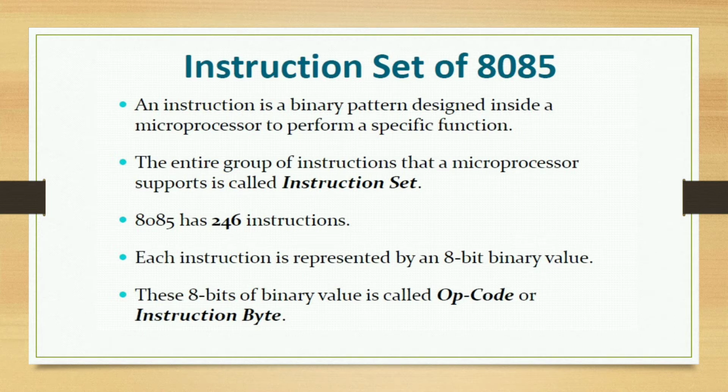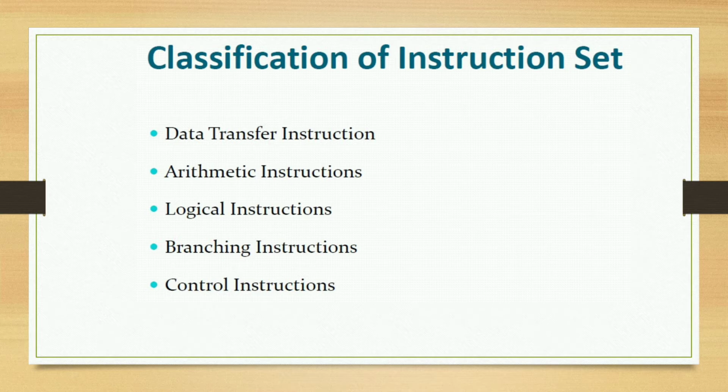The 8085 microprocessor has 246 instructions. These 8 bits of binary value are called opcode or instruction byte. Types of instruction set: there are 5 types, that is data transfer instruction, arithmetic instruction, logical instruction, branching instruction, and control instruction.